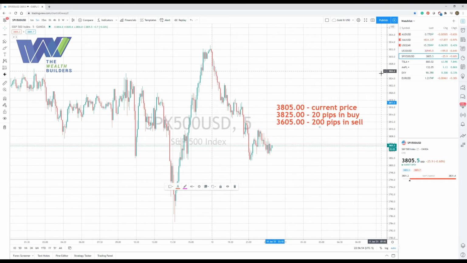So once you pick your pairs, figure out where the pip is. And then study the pair, figure out when it's the highest volatility, which means when is price moving the most and when is the spread the tightest. Typically, for example, since SPX USD is both the New York Stock Exchange top 500 companies and the US dollar, we typically want to trade this particular indice, this pair, during the New York session.